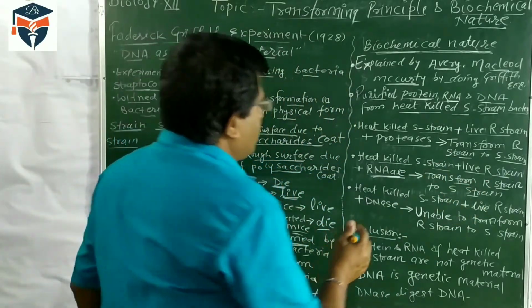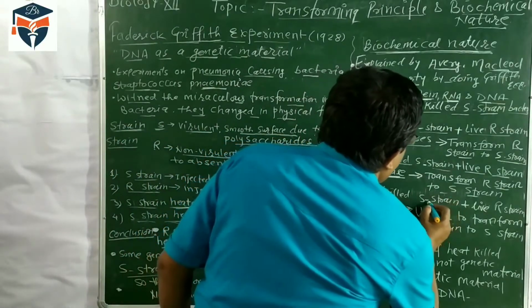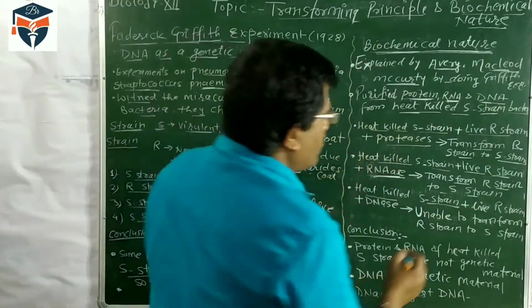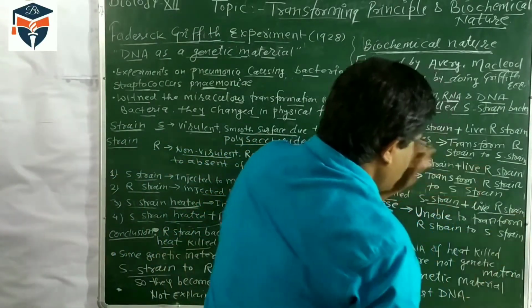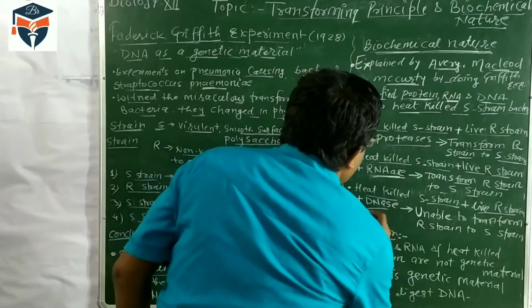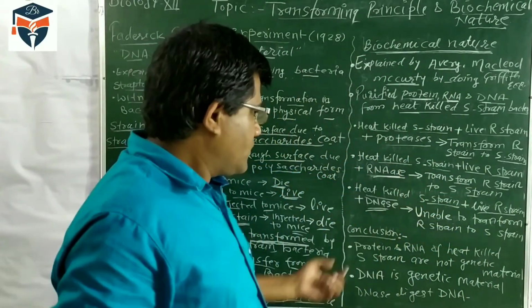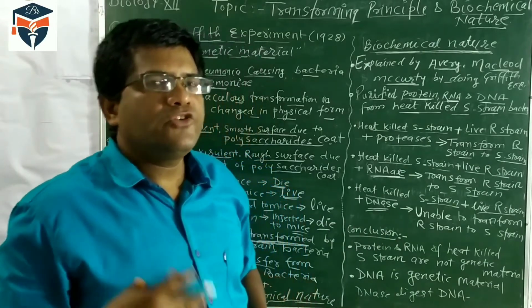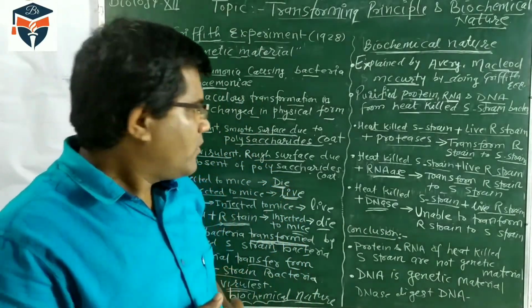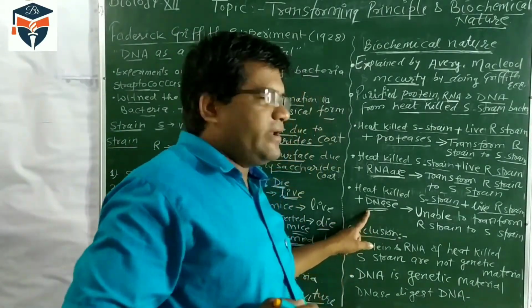Third experiment: heat-killed S bacteria, live R bacteria, and now DNase is added. DNase is used for the digestion of the DNA molecule. So when DNase is added, what happens?